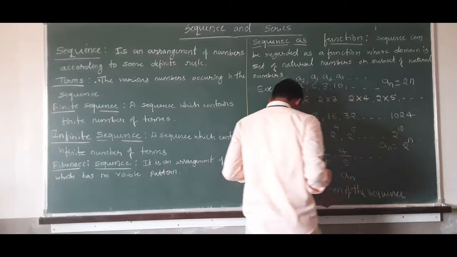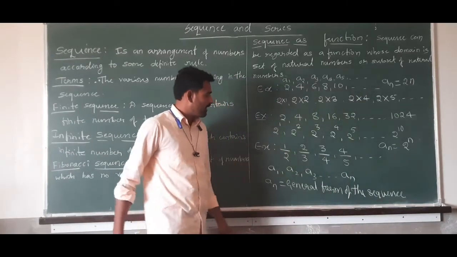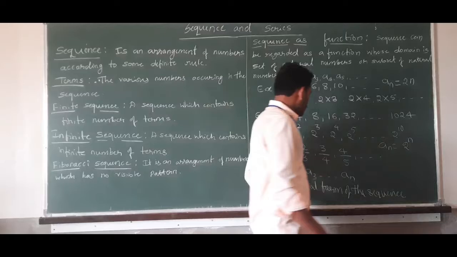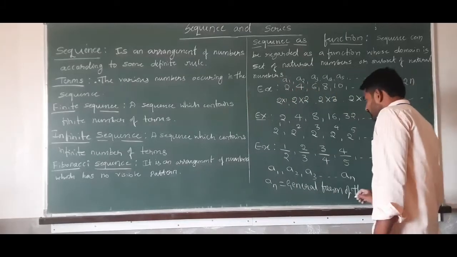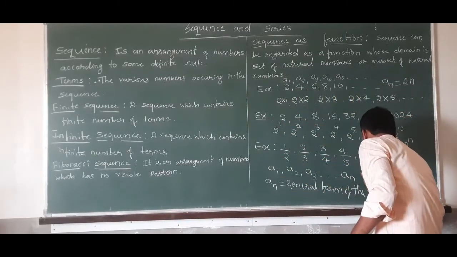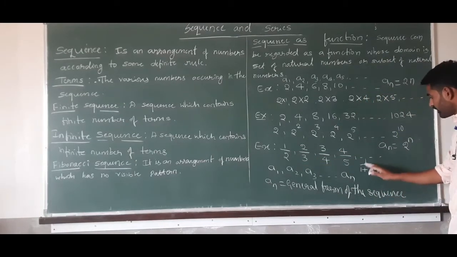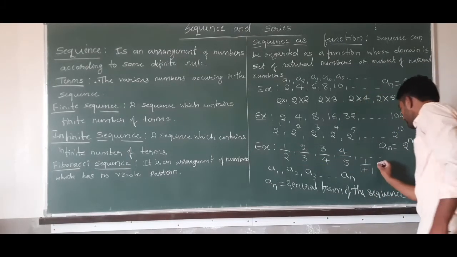Here, one last example. Our sequence is 1 divided by 2, 2 divided by 3, and 3 divided by 4. This has a common pattern. 1 divided by 2 is also written in the form of 1 divided by 1 plus 1.